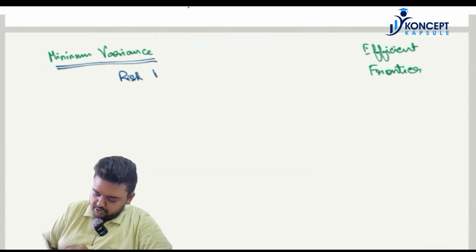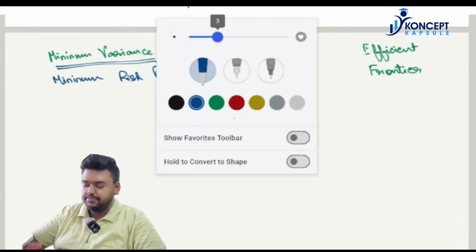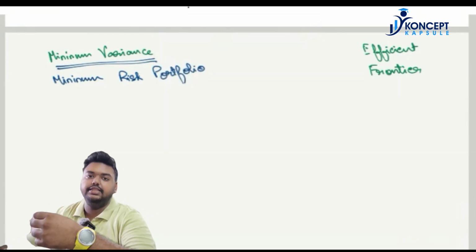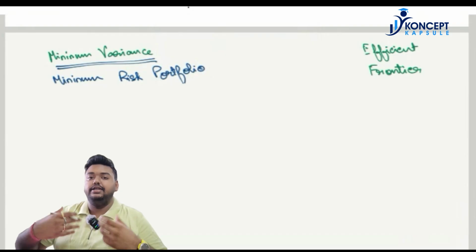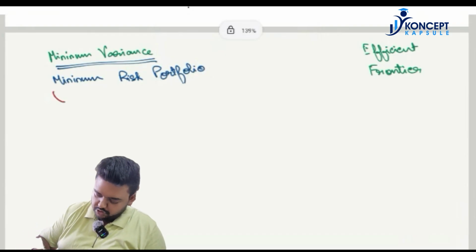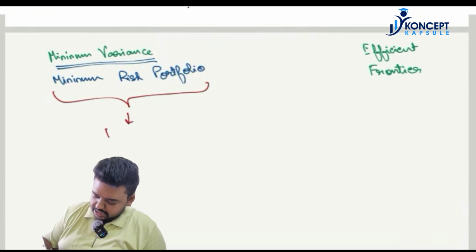Minimum variance portfolio. So what is minimum variance portfolio? In its actual term, it is minimum risk portfolio, correct? But what minimum risk? With respect to what? Whenever we are understanding these terms, we need to understand in relation to what, because these are relative terms. So minimum risk portfolio is always seen in relation to the expected return.